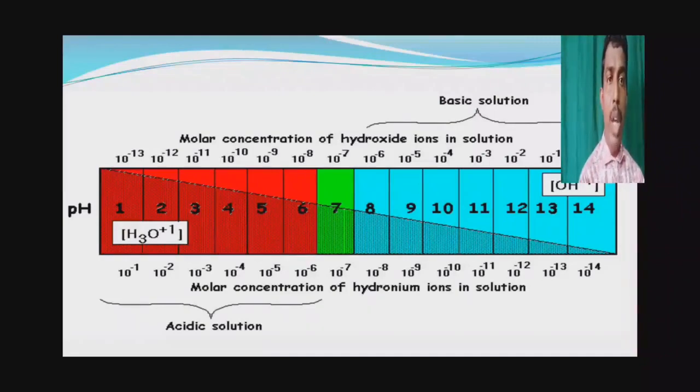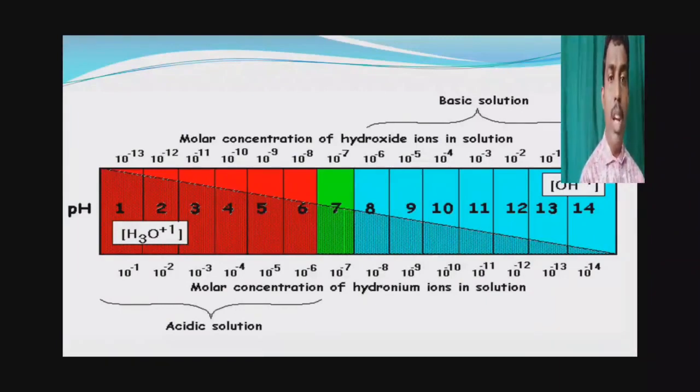Remember, the sum of pH value and pOH value is equal to 14. If pH value is 3, then pOH is equal to 14 minus 3, that is 11. If H plus ion concentration is 10 power minus 1, then OH minus ion concentration is 10 power minus 13. If H plus is 10 power minus 2, OH minus is 10 power minus 12.